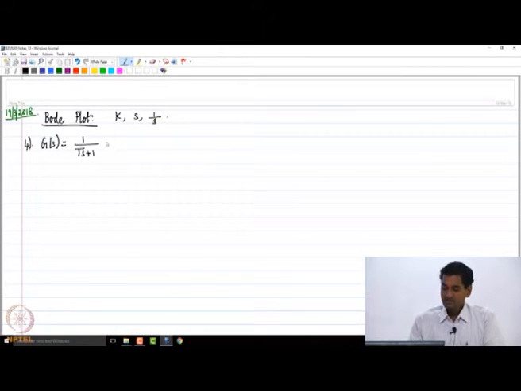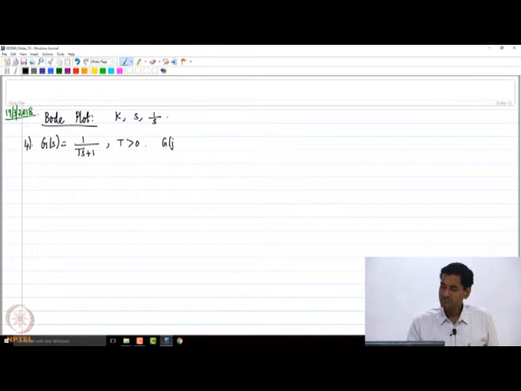Let us consider T to be greater than 0. We will see what happens when T becomes negative later on. To begin with, we will consider that T is a positive real number.